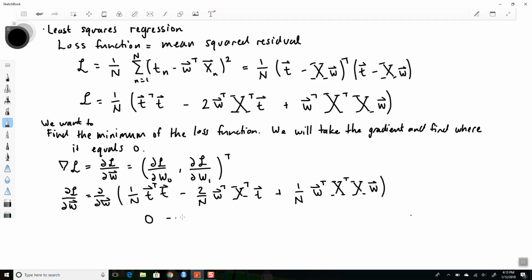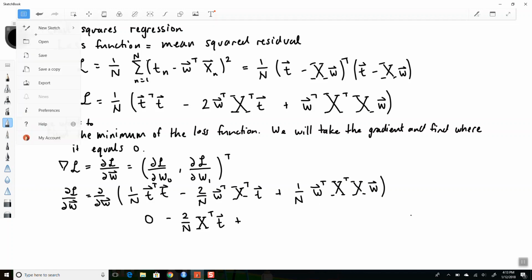Then the derivative of the second term with respect to w is minus 2 over n X transpose T. And the last term is like the w transpose C w from the previous identity.